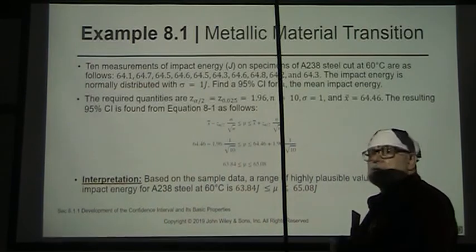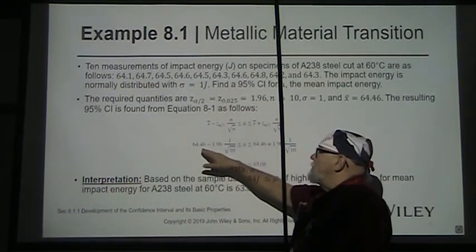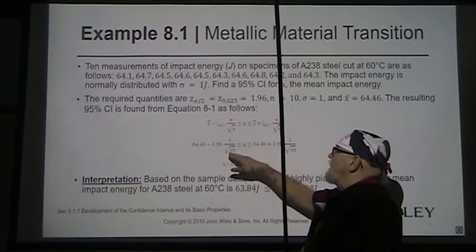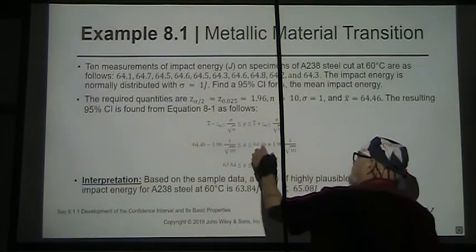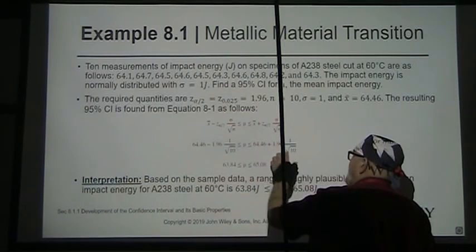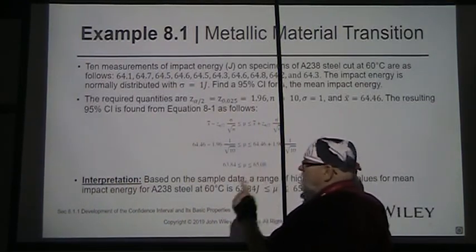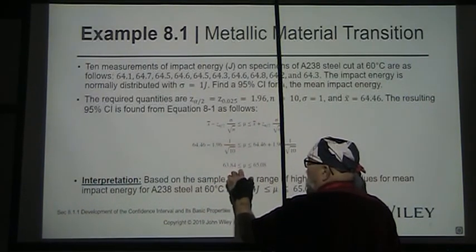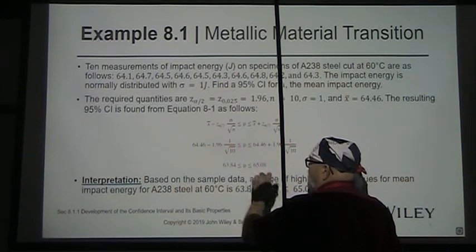We substitute in those numbers. 64.64 minus 1.96 times 1 divided by square root of 10, less than or equal to mu, less than or equal to 64.64 plus 1.96 times 1 divided by square root of 10, gives us, finally, a confidence interval of 63.84 less than or equal to mu less than or equal to 65.08.